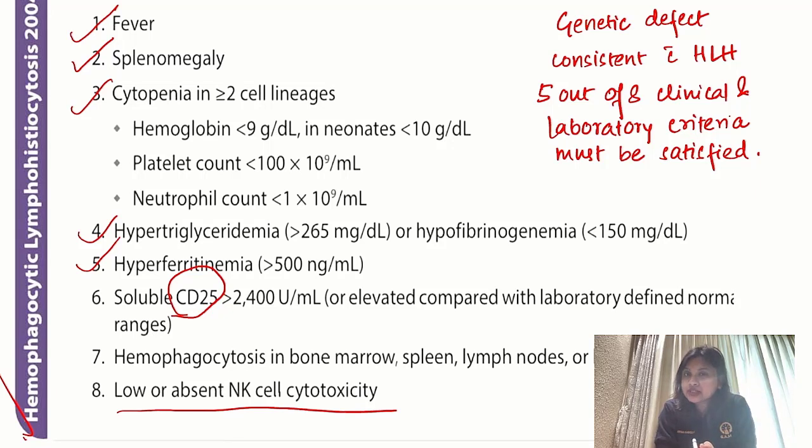There is going to be low ESR, low fibrinogen. The ferritin is high. How much high? It is more than 500 nanograms per ml. What CD marker you're going to get? The CD marker that you're going to get is more than 2400 units per ml, and there is going to be low or absent NK cell cytotoxicity, right?